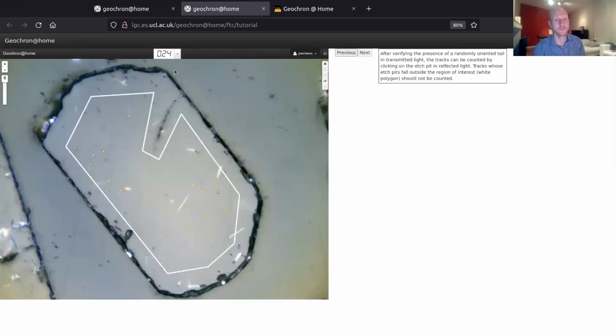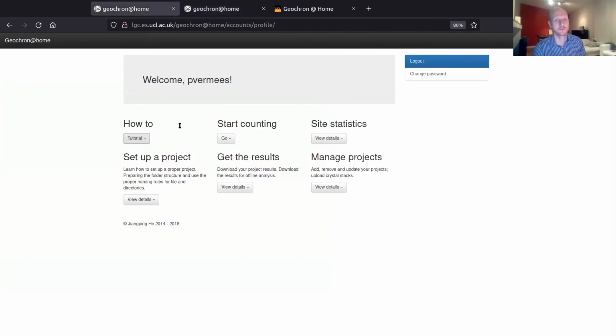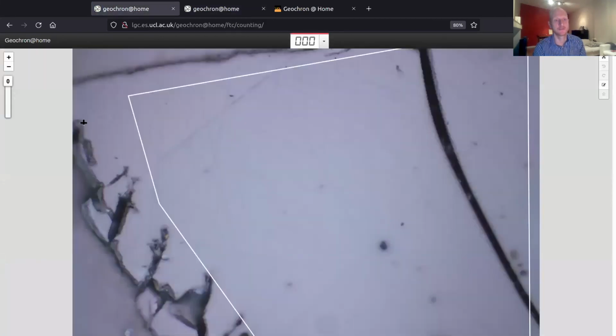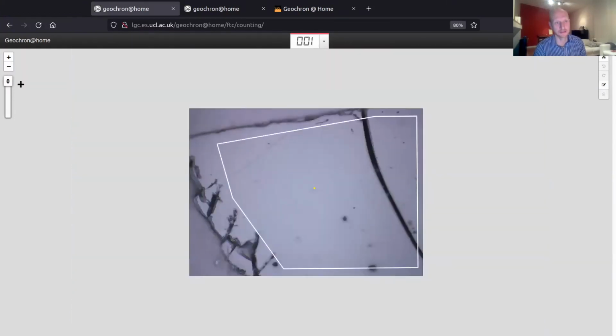And once you're done with the counting, you can count fission tracks by just clicking on the features. You can zoom in and out. I think these are fission tracks.